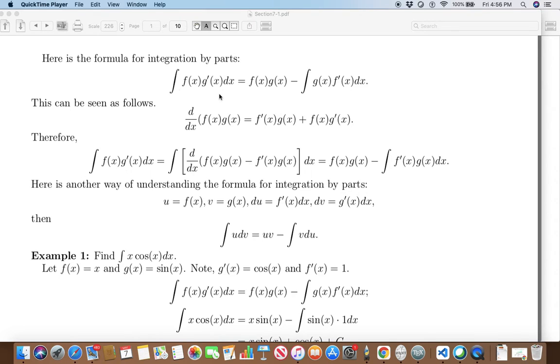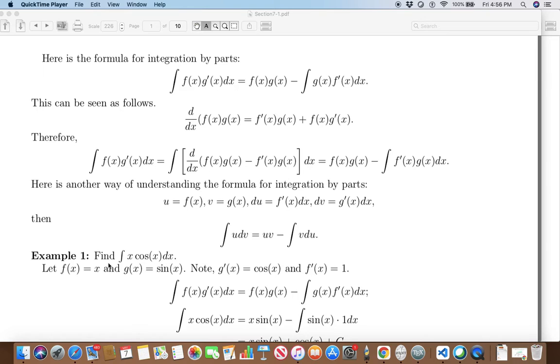So the integral of u dv, u being f, dv being g prime x, is uv minus the integral of v du, v being g, du being f prime dx. It's the same formula as the first one, just rewritten. Both these formulae are very useful to remember.